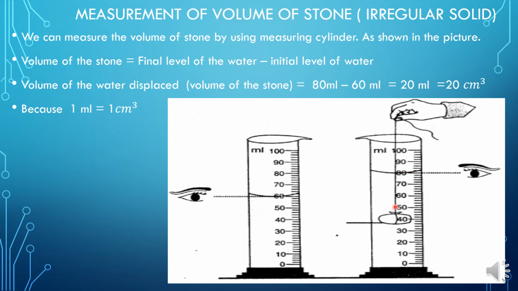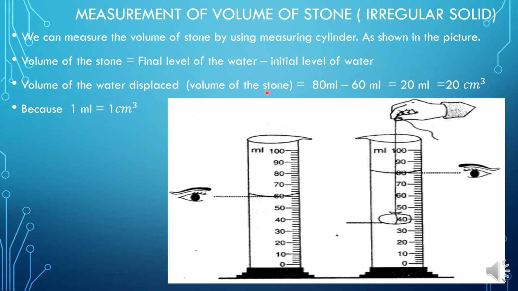So what is the volume of the stone? The volume of the stone is equal to the final level of the water minus the initial level of the water. What is the final level of the water? That is 80 ml after immersing the stone into the measuring cylinder. And the initial level of the water was 60 ml. When we subtract them, we get 20 ml.